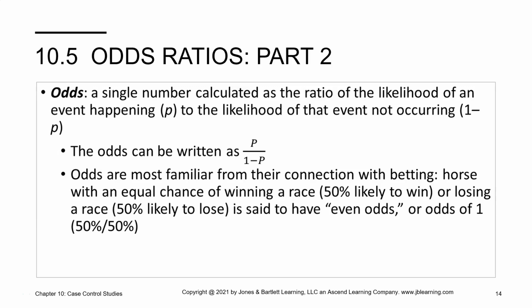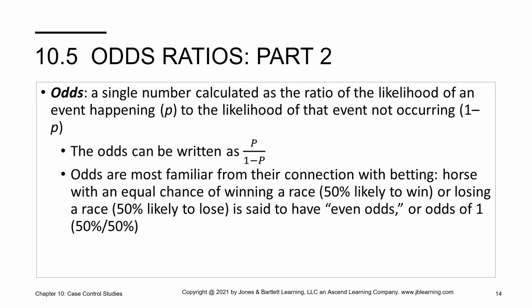Then Jacobsen also includes in this set of slides some definitions that go with some of the calculations for these topics. So the odds is a single number calculated as a ratio of the likelihood of an event happening, so that's our P on the top, compared to the likelihood that it won't happen.